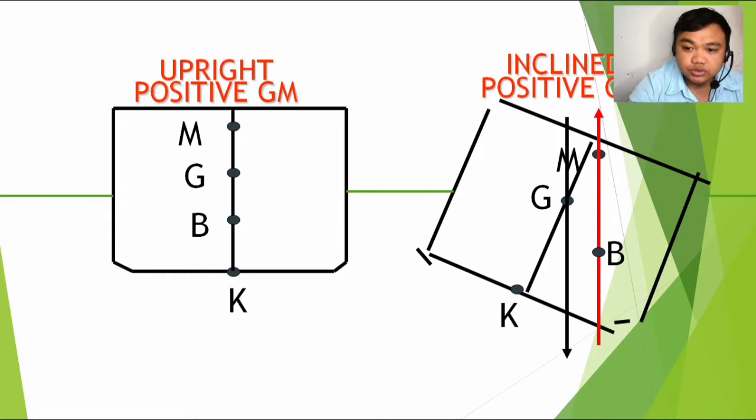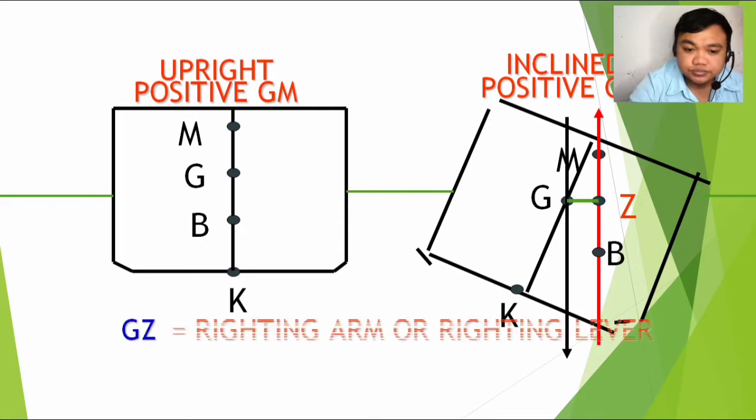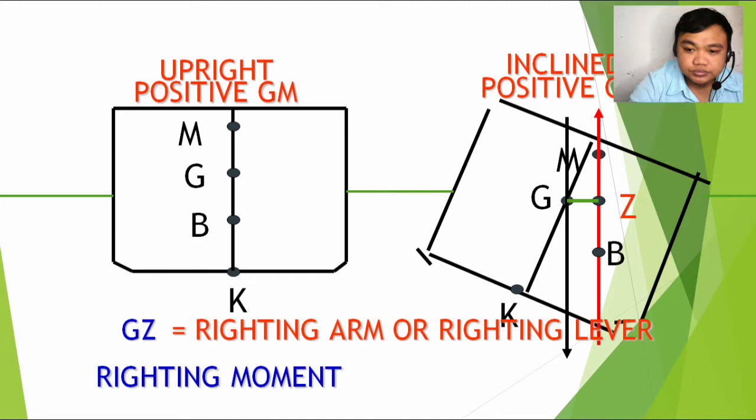So there will be a force acting downward and a force acting upward to make the ship upright again. So we have there the righting arm, which is the GZ. Righting moment is another story, so I will not discuss this one as of this moment. So let's just skip that.